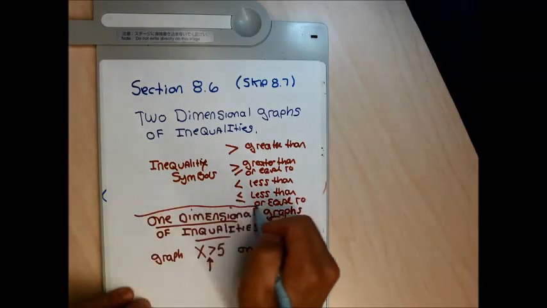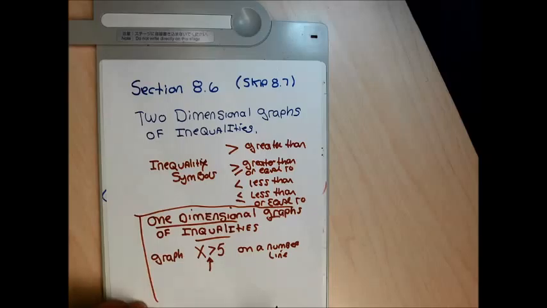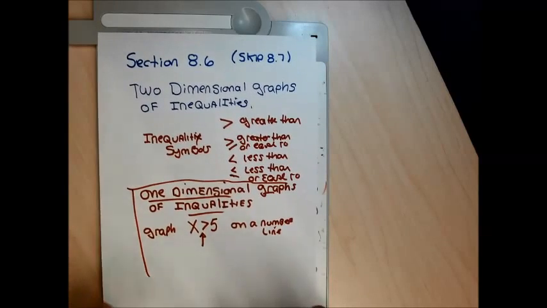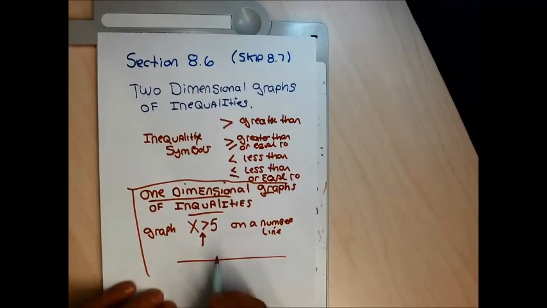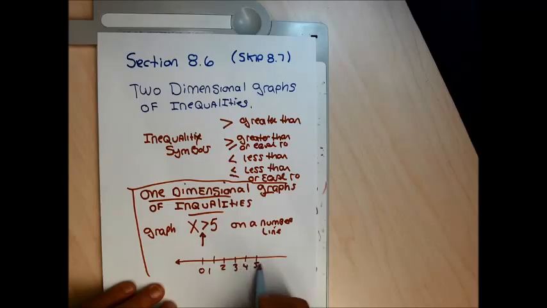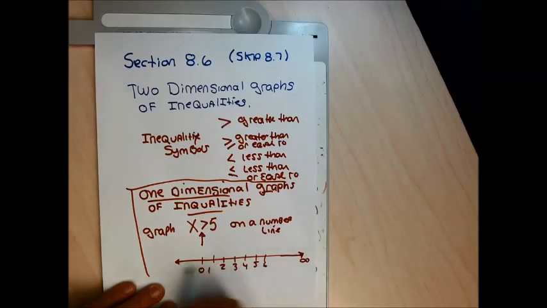So this you may remember how to do. If you don't remember how to do it, it's not important to relearn it. But to graph x is greater than 5 on a number line, I'd create a number line, throw some numbers on it, at least get the number 5 on it somewhere. The number line to the far right edge goes off to positive infinity, off to the far left edge goes off to negative infinity.